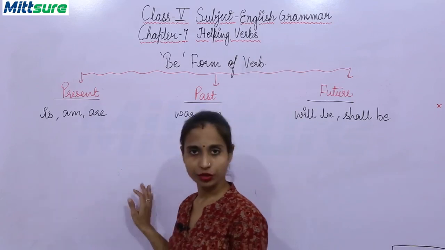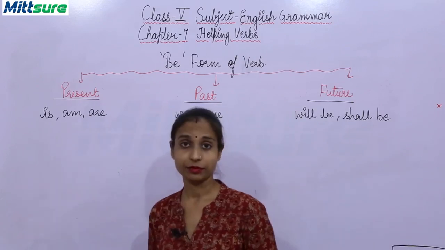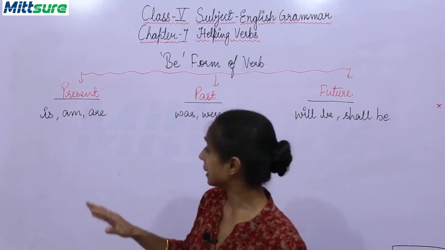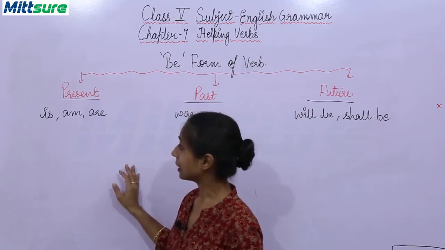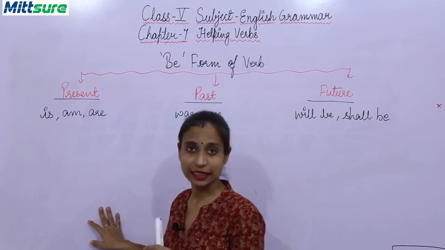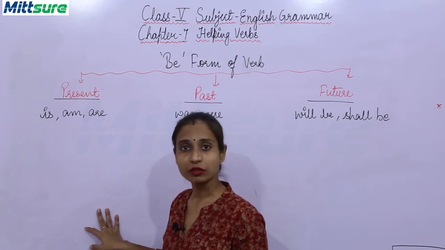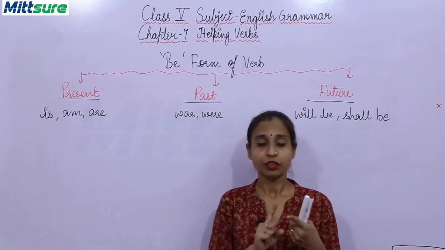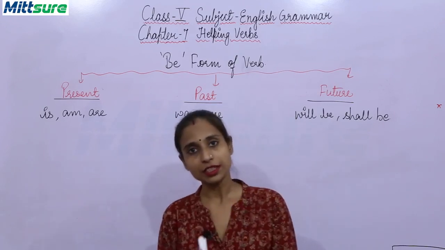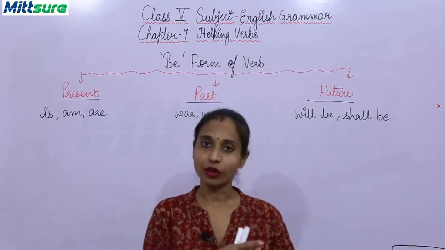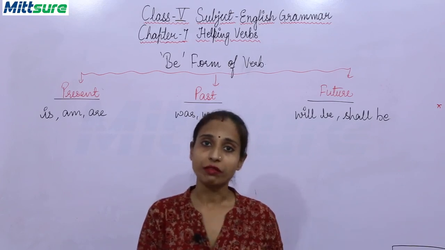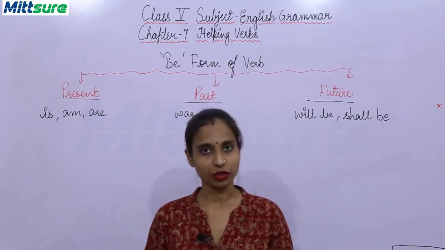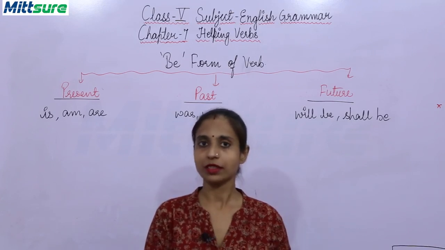This is to be understood, fine, but in this also, differentiation is needed on the basis of subject. Children, just try to understand, the verb should always be according to the subject of the sentence.